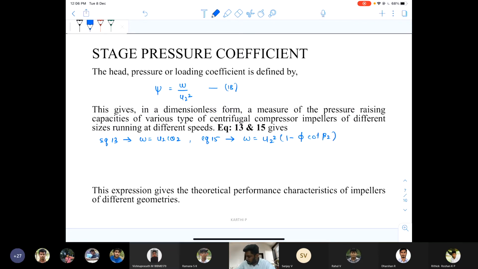Okay, this is equation number 13 and this is equation number 15.